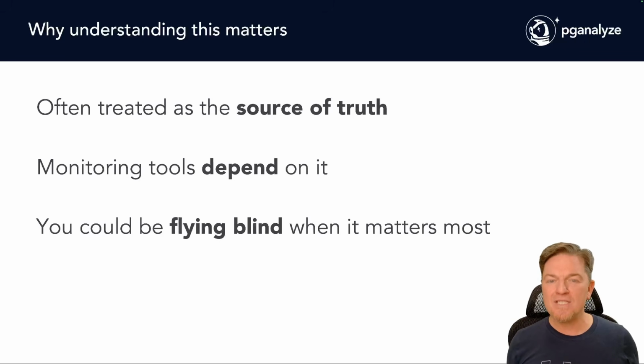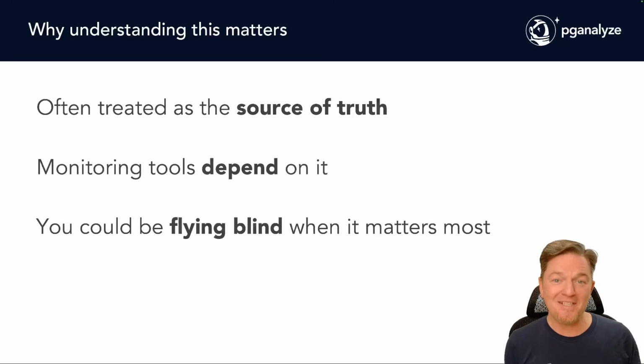And if you don't understand when it can fail and what kind of situations mean that you need to modify settings, you could actually be flying blind when it matters most. You have a problem and you're trying to find a query that might be the issue. You might not be able to find it or the historical data for it in pg_stat_statements or your monitoring tool. And that's what we want to figure out through the rest of the series.